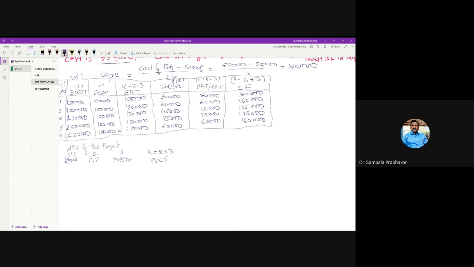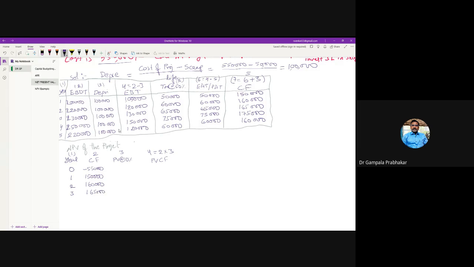In the first year, that is the 0 year, your outflow is minus 5,50,000. Inflow first year 1,50,000. Second year 1,60,000. Third year 1,65,000.